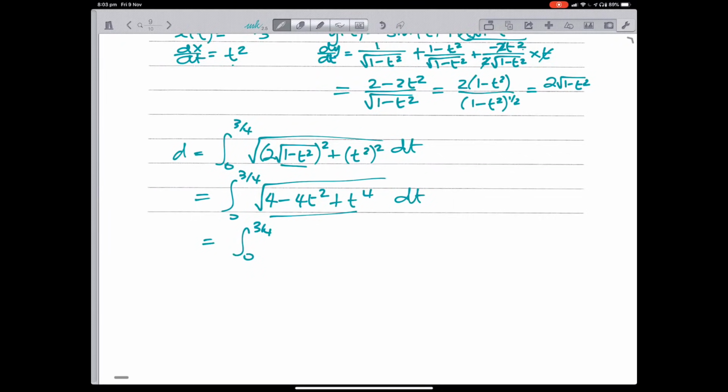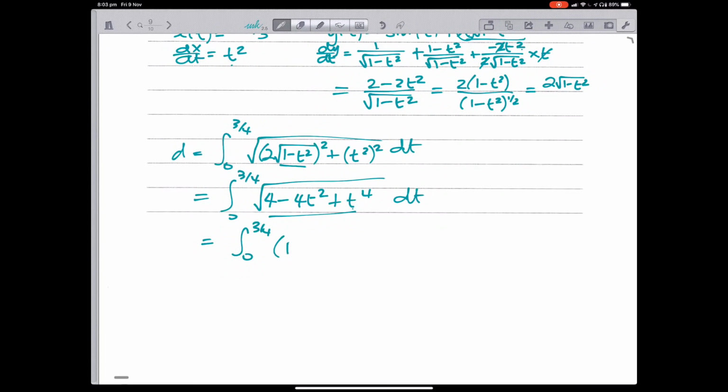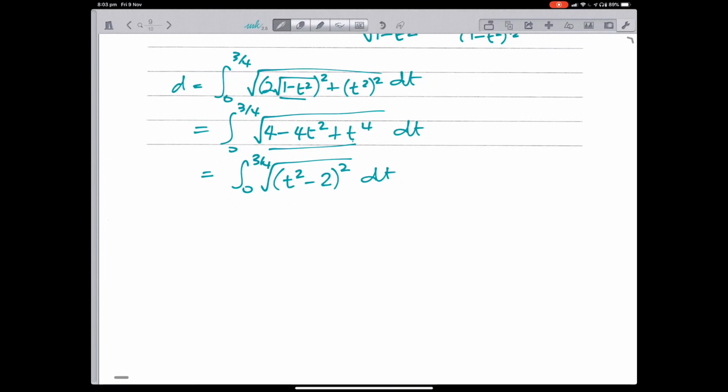We know it has to because there's no square root in the answer. T squared minus 2, squared and square rooted, dt, which is the same as 0 to 3 on 4, mod t squared minus 2, dt.